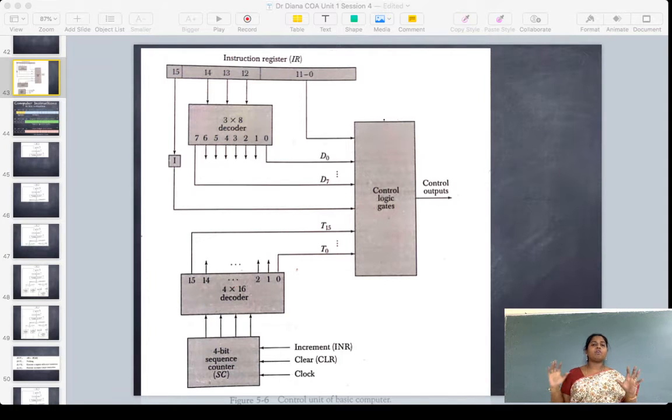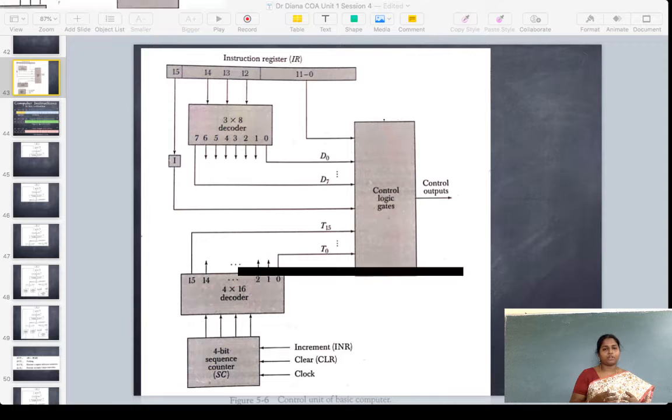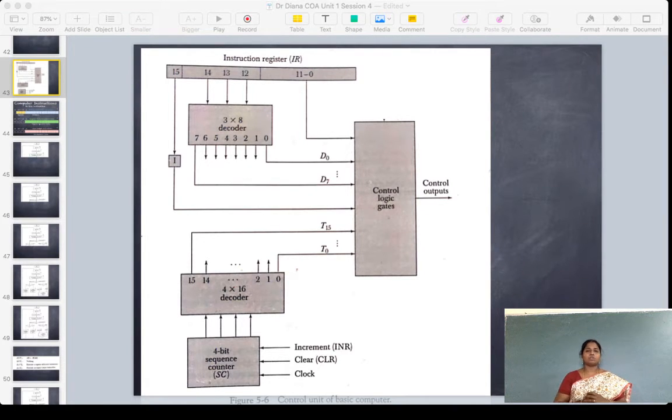Then I give the instruction register to the decoder circuit. Only after I get an output from the decoder circuit can I identify what type of instruction it is. So until that point, whatever instruction is in memory, it performs the same tasks. So until T3, we need not worry about what type of instruction it is.